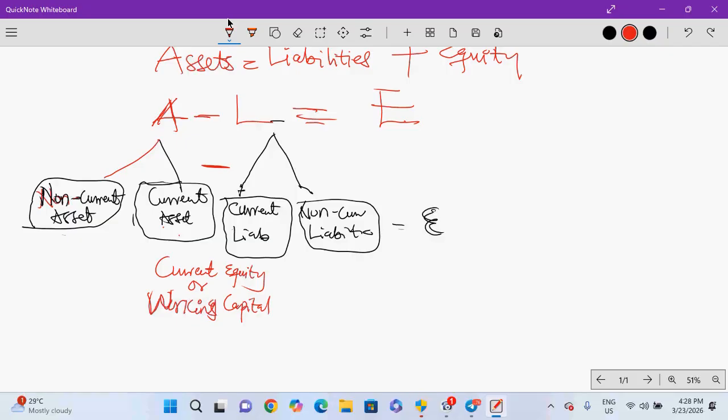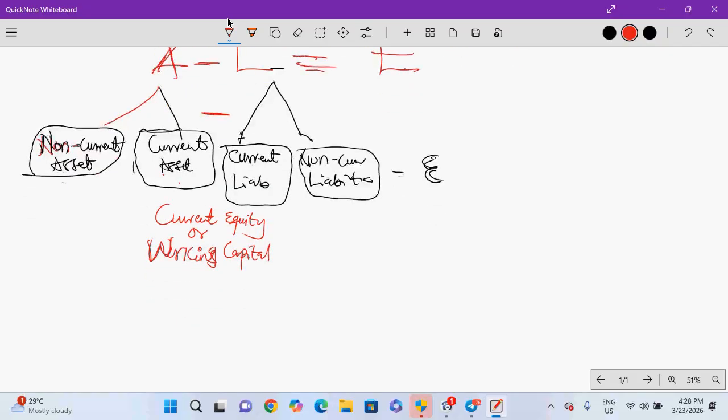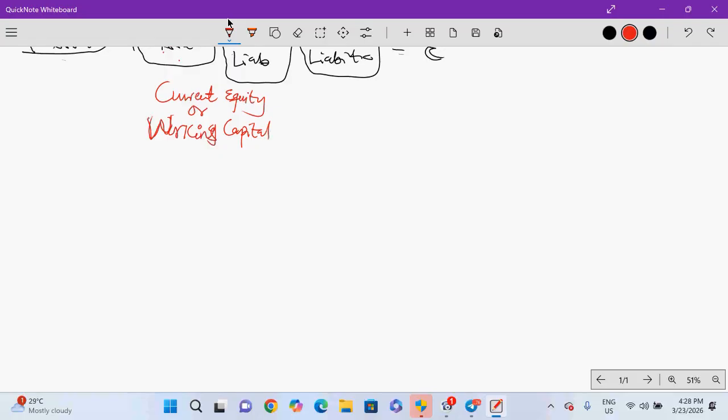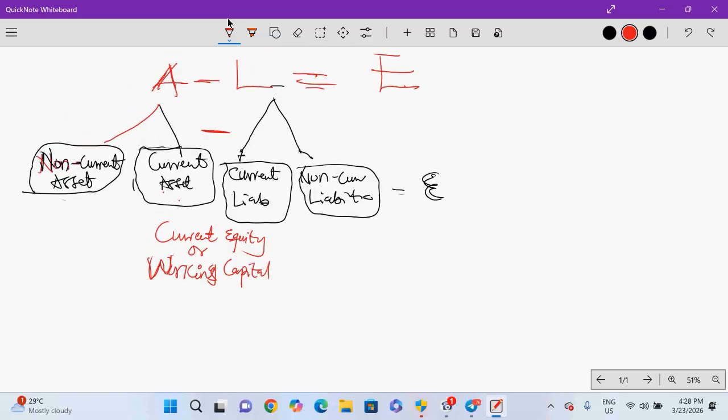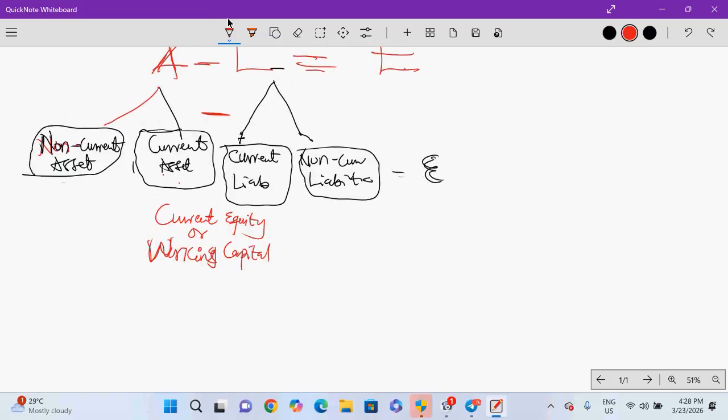So this is basically the format. So let's go through it. We are going to use the net asset format. When you get to level 300, I will be using the total asset format, especially.